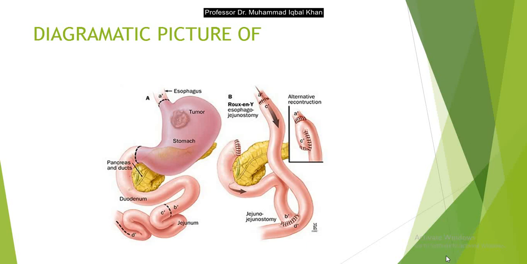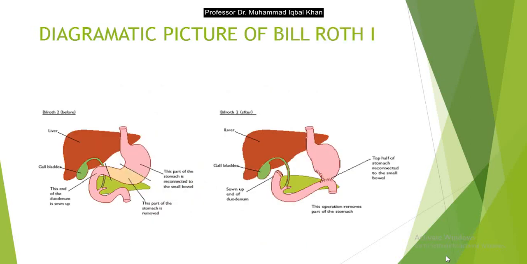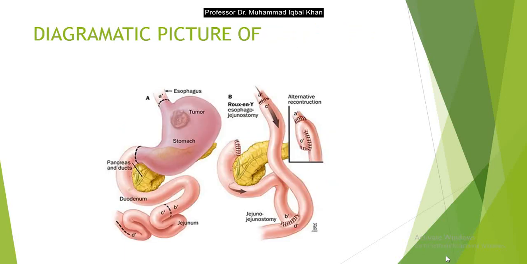If we cut the distal portion, as in the case we have seen here, if this light yellow colored area is diseased or having a malignancy, we will not cut the whole stomach. We will cut this distal portion, and we will stitch the duodenal area, the first part of the duodenum, and we are going to anastomose the remaining stomach with the jejunum as a Roux-en-Y, like this.